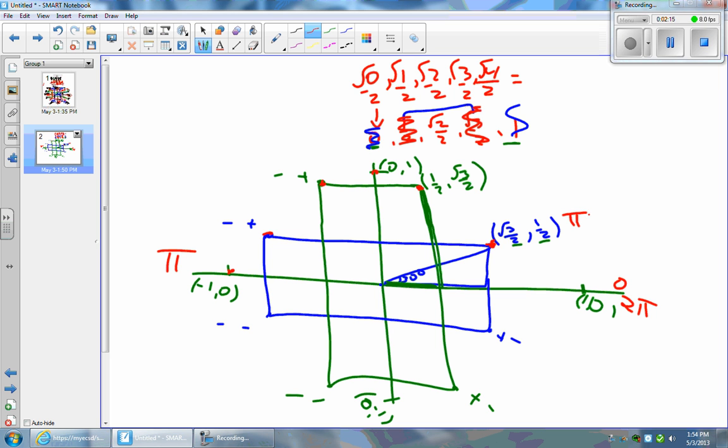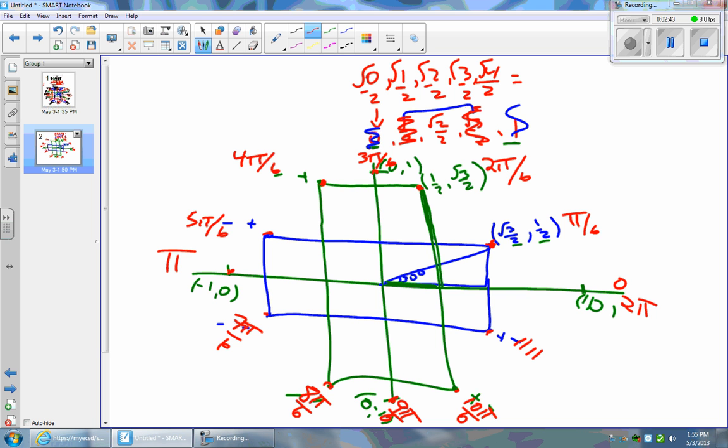So this is pi over 6, 2 pi over 6, which we'll reduce later, 3 pi over 6, we'll reduce that one later, 4 pi over 6, that one's 5 pi over 6, 6 pi over 6 is just pi, 7 pi over 6, 8 pi over 6, 9 pi over 6, 10 pi over 6, 11 pi over 6, and finally 12 pi over 6, which is just 2 pi.